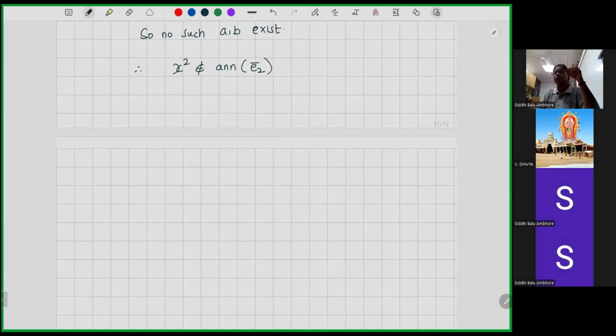Forget about the ideal generated by x square. The x square itself, the generating element of this ideal which we are considering here, is not an annihilator of E2 in the co-kernel of P. Is that okay?